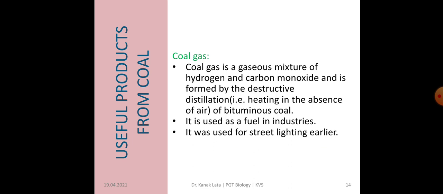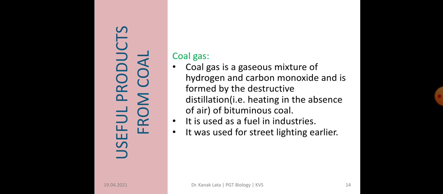Now the third product which is obtained from coal is coal gas. Coal gas is a mixture of hydrogen and carbon monoxide, and it is formed by the destructive distillation of bituminous coal. Bituminous coal is a type of coal, and when it is heated in absence of air, then this coal gas is formed, and it is a mixture of hydrogen and carbon monoxide.